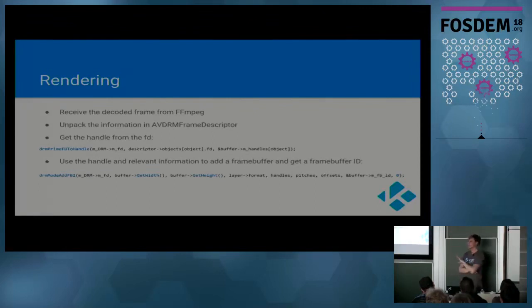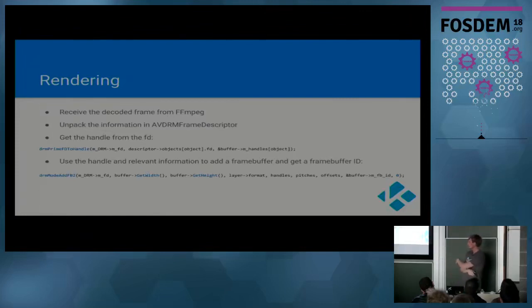And what's unique about all these embedded platforms is that they're designed to use with these certain pixel formats, so you can send it directly to a plane itself and be shown on the plane. So all these embedded platforms support NV12 in their output planes, and what we do is we get a handle basically from the file descriptor for the memory buffer, and then we add the frame buffer to it.